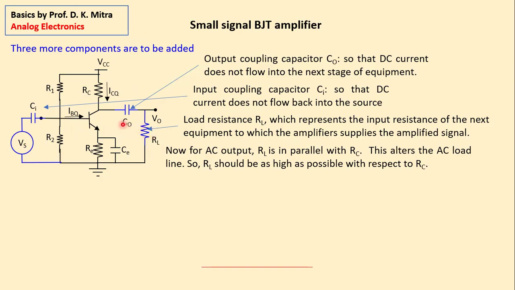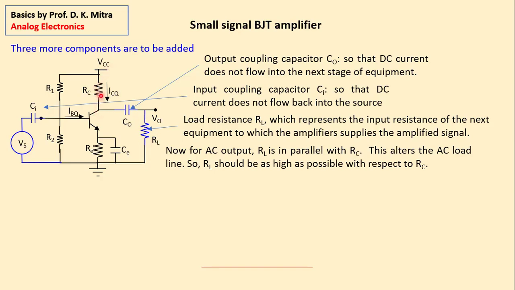And what happens? For the purpose of AC signal, RC and RL become in parallel. That is the danger, or that is the difficulty. Because I said earlier, I think you have learned it in your network theory classes also, all DC sources are practically short circuit for AC signal, for AC current.